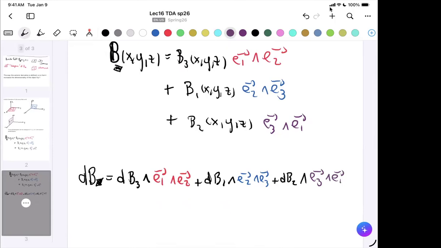What I want to emphasize, and why I'm doing this from scratch, is to show that the formula is always the same format. You just take the derivative of each coefficient, and then you wedge it with whatever you had left.